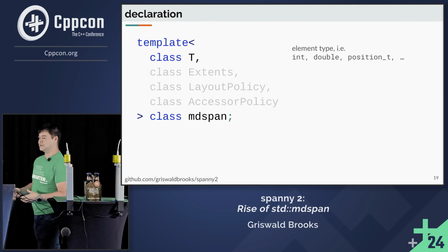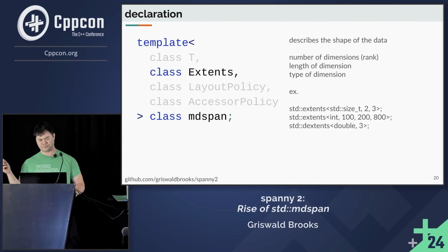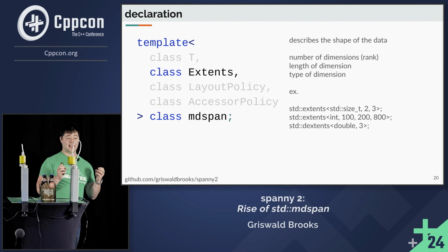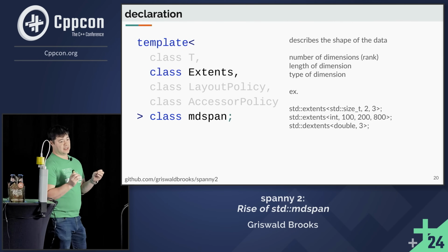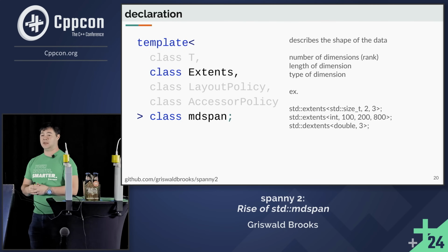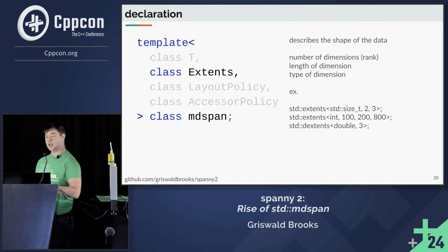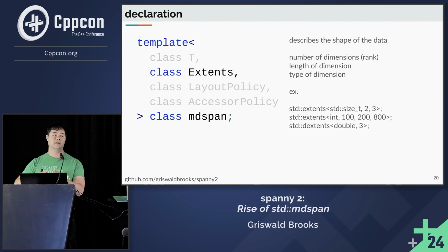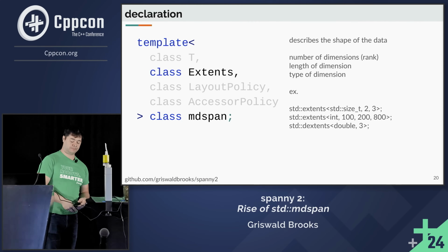Probably not particles, you don't need it to be 2D. And then we have this parameter that mdspan calls extents, with a T, not extends, which is the shape of our data. The way to think about it is the number of rows and the number of columns. So it describes the shape, or how far the span extends in each dimension, right?